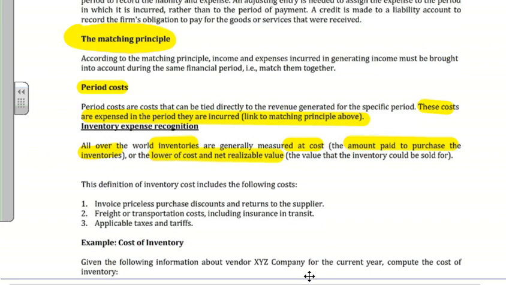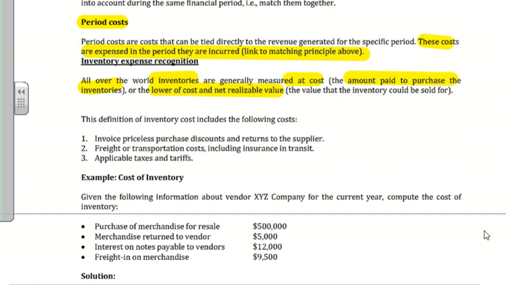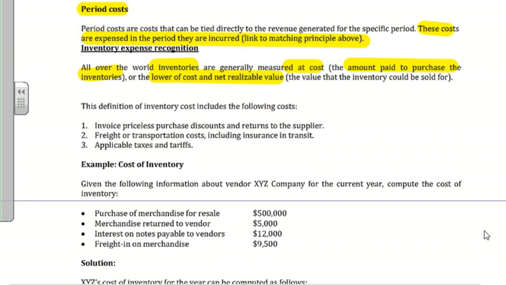I'm not going to spend too much time here because we have a whole specific reading on inventory. Inventory generally goes into cost at the amount paid for it, any freight or transportation required to get it to its final destination, as well as any other taxes or tariffs.